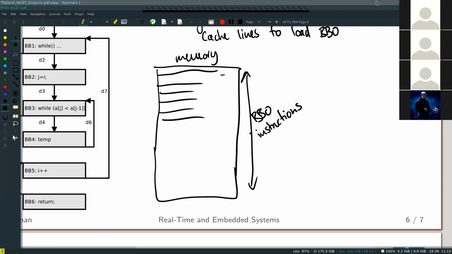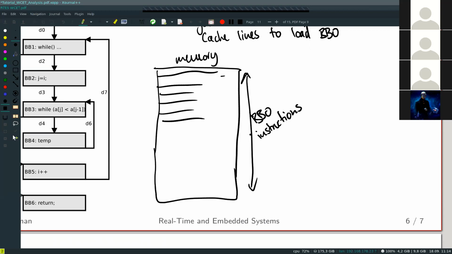Let's say we had the boundary of the first cache line after the first instruction, so this is the 0th instruction.